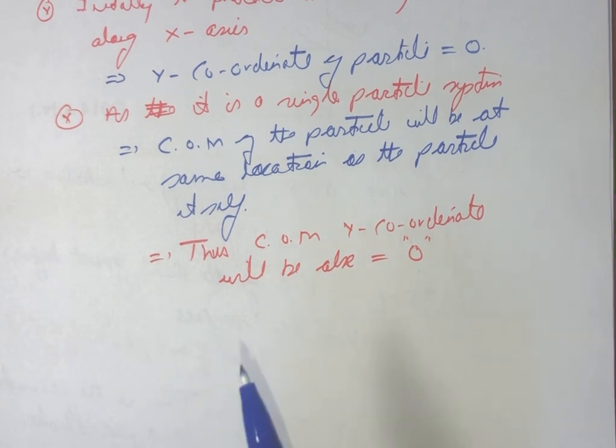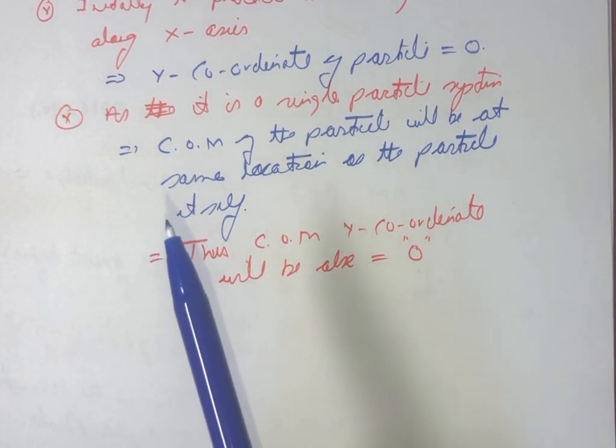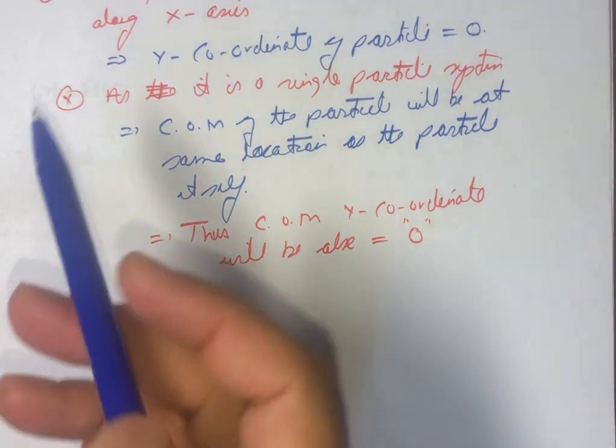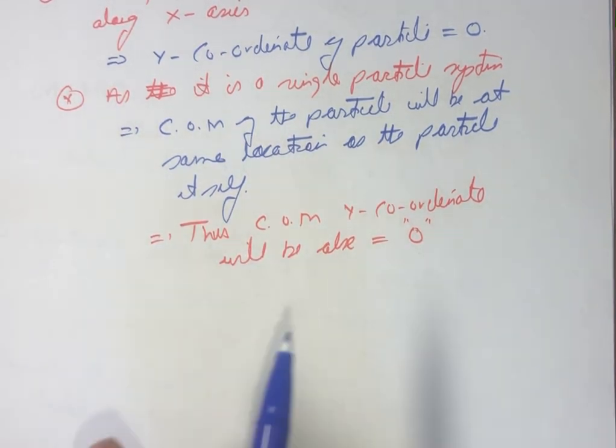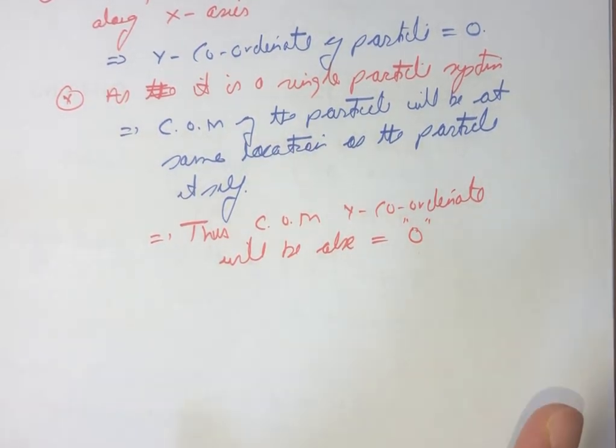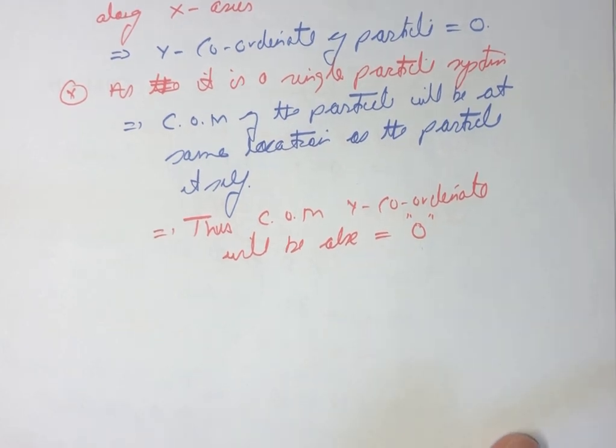Now it is given that the particle explodes suddenly, and obviously here it is not mentioned, or we can draw a conclusion that there is no external force acting on the particle.